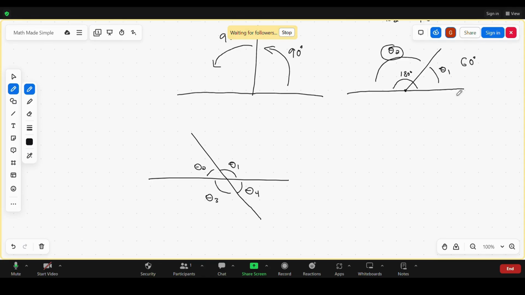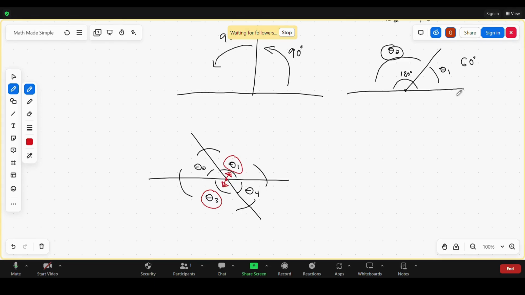Any pair of these angles that are next to each other are supplementary. However, what if we talk about angles that are across from each other, like theta 1 and theta 3? According to the definition of vertical angles, that's what these are: angles that are across from each other.